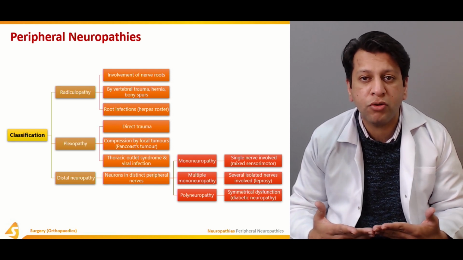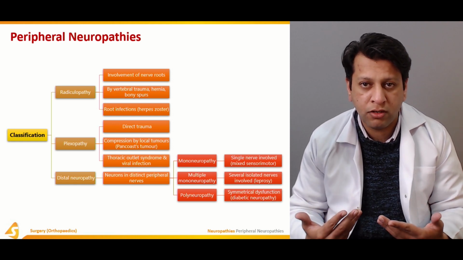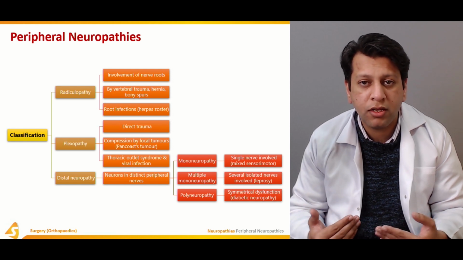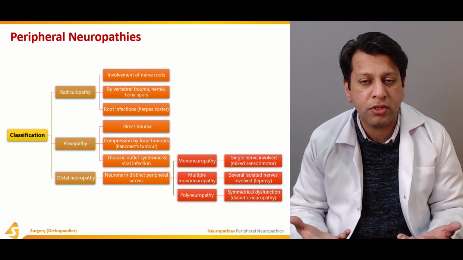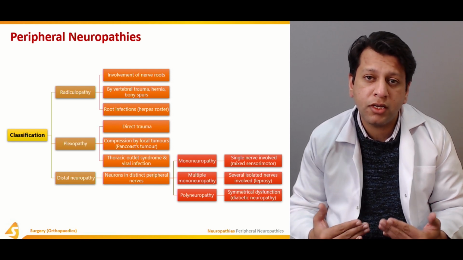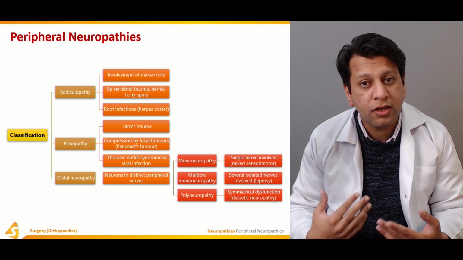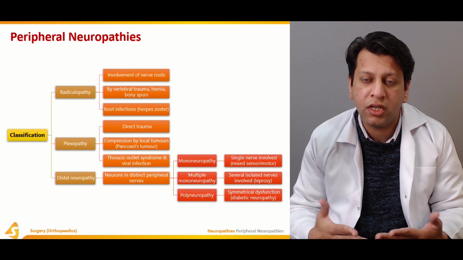Gradually, this neuropathy progresses from the fingers upwards towards the shoulder girdle as if we are wearing gloves. And similarly, initially the toes and the forefoot become numb. Then gradually it extends above till the ankle and then towards the knee. This is classically termed a glove and stocking type of neuropathy in diabetes mellitus.